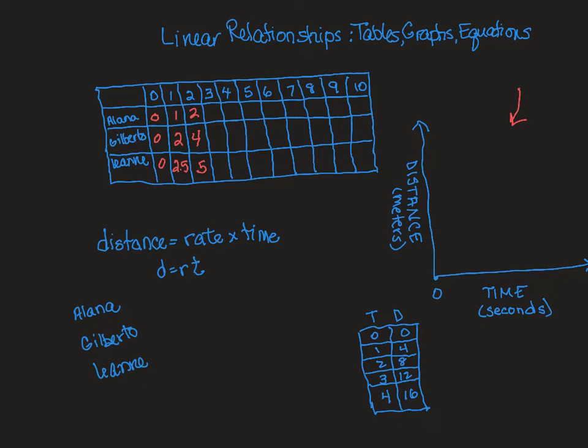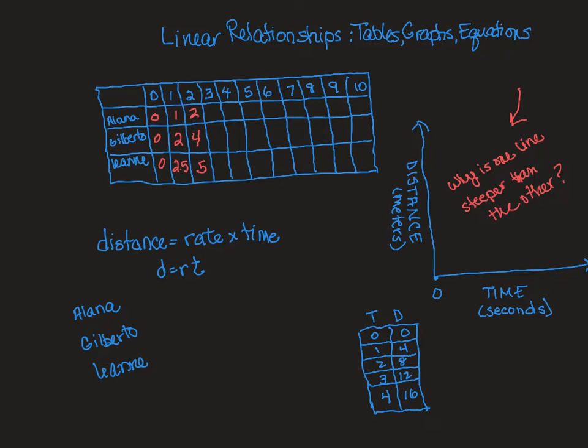And I want you to think about this question when you're doing it: why is one line steeper than the other? I want you to think about the steepness of the line and why that happens. They don't ask you that, but I want you to think about it.